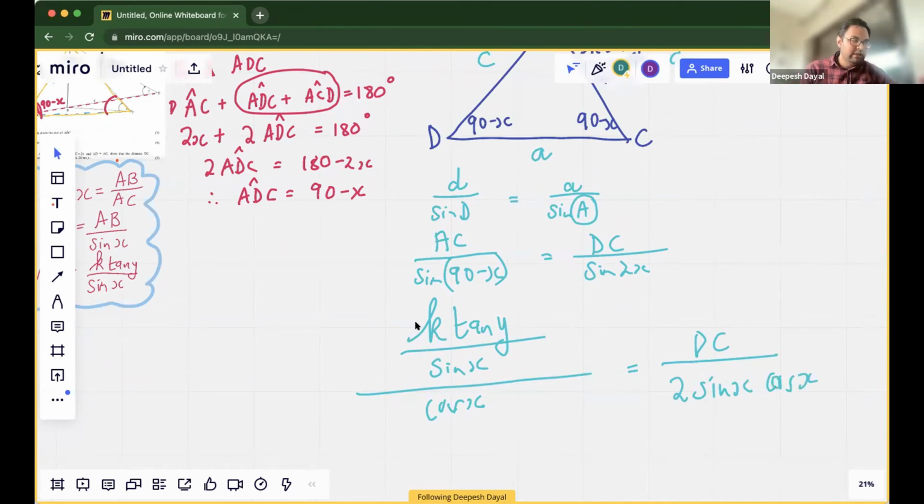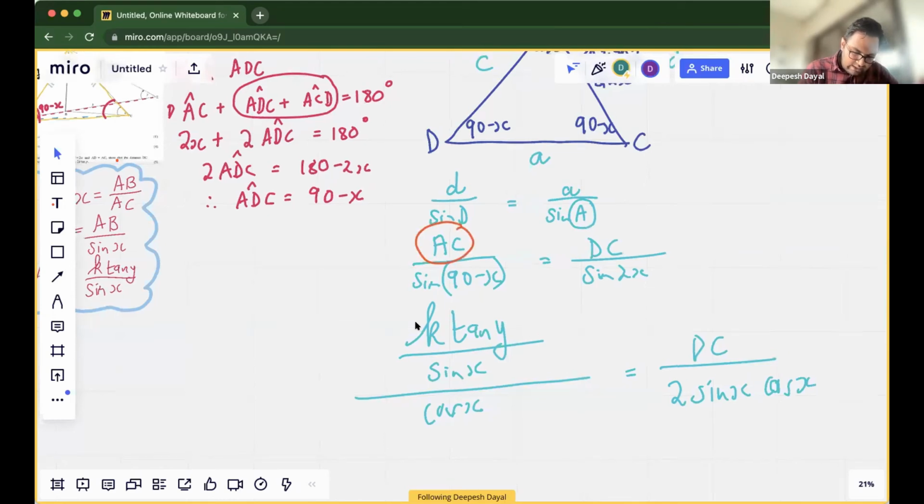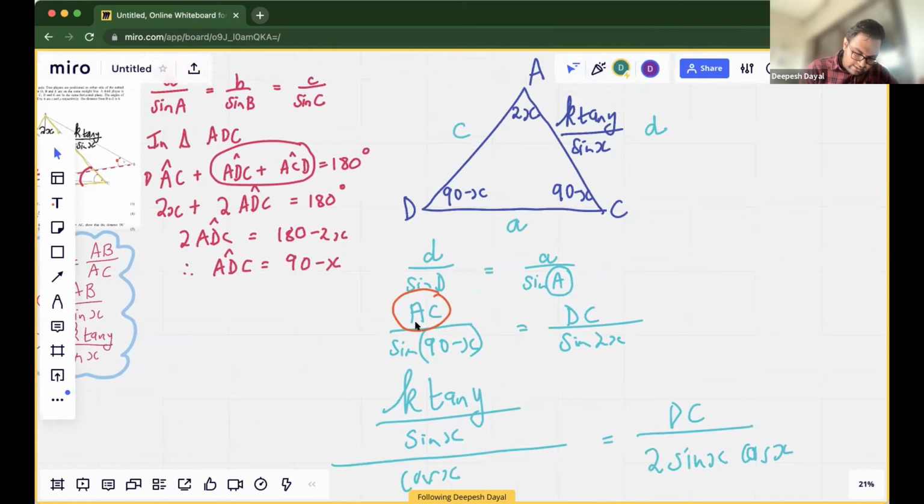Okay, so I've done some important conversions here. I'm just going to circle them. So we've got here AC, which becomes K tan y over sine x.